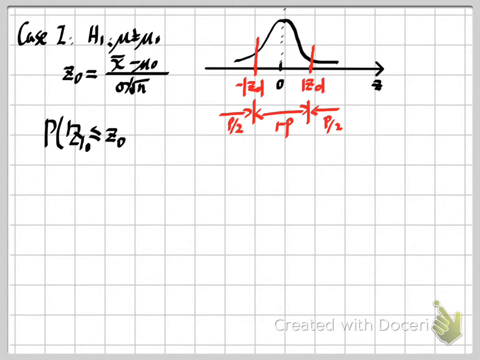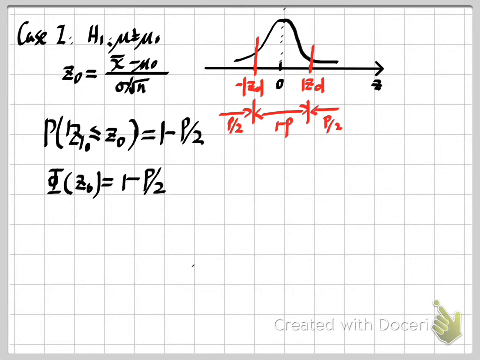This probability should equal 1 minus p over 2.